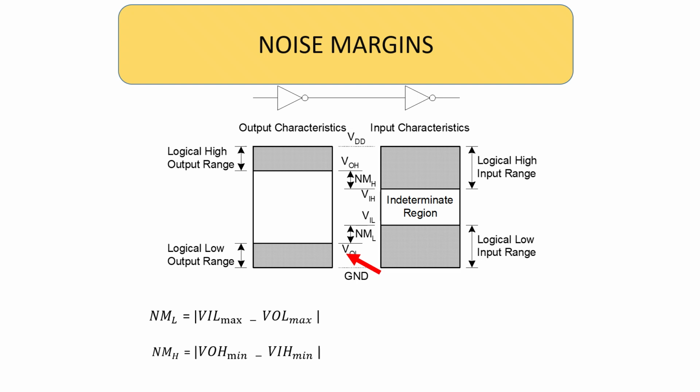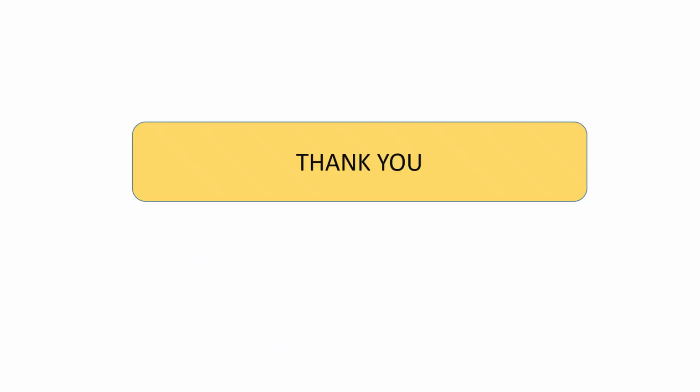Fourth term being VOL maximum, which is maximum low output voltage. This leads us to NML is equal to magnitude of VIL max minus VOL max, and NMH is equal to magnitude of VOH minimum minus VIH minimum. Thank you.